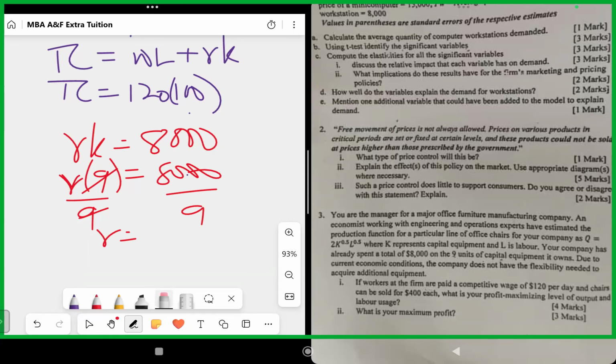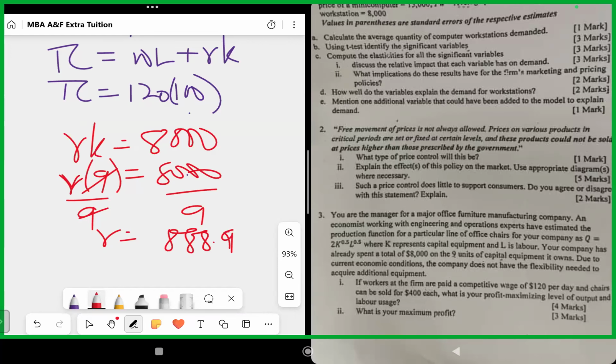That is 8,000 divided by 9. Okay, that will give us 888.89. So let's say 888.9. That is the rate.